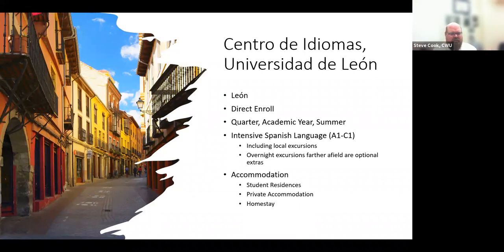so anywhere from A1, which again is not absolute beginner, to C1, which is just below kind of native proficiency. The academic program includes not only the language classes, but then local excursions both within Leon itself, and then in kind of the broader province or nearby area.